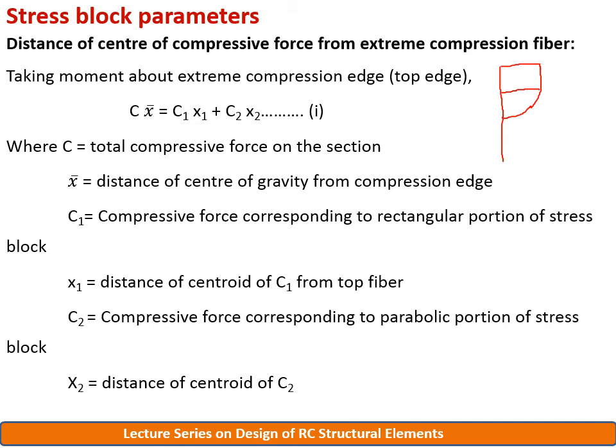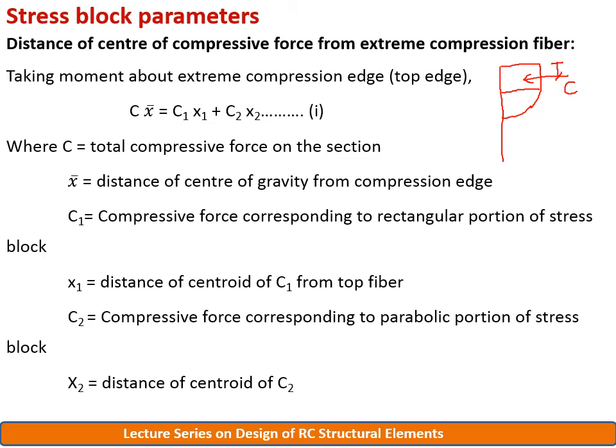Now we need to find the position of the compressive force, the resultant of all this force, from the topmost fiber. We already know the value of C, that is 0.36 FCK XU into B. So what is the distance of this compressive force from the topmost compressive fiber? We need to find it out.